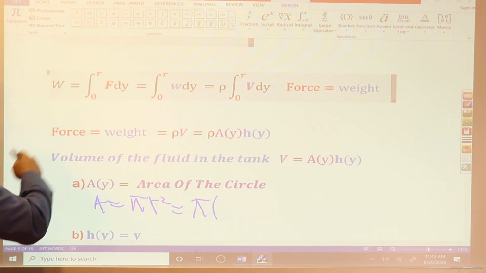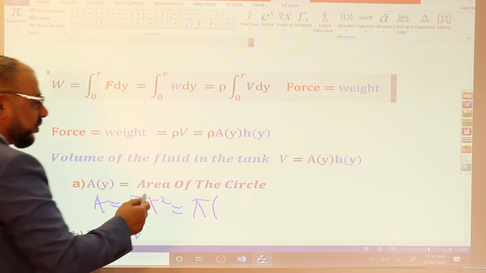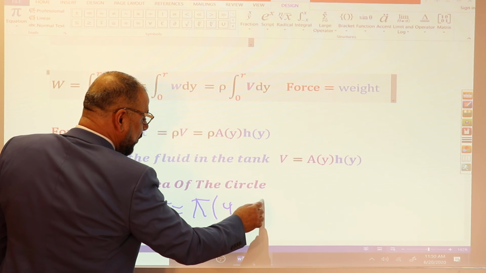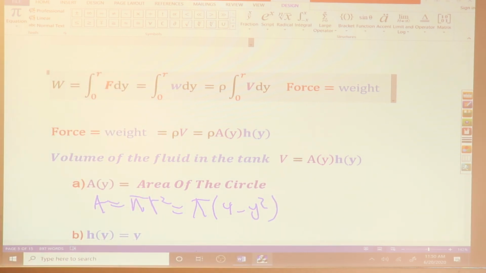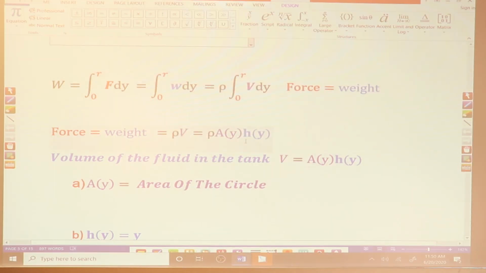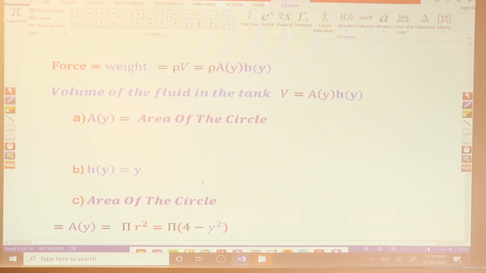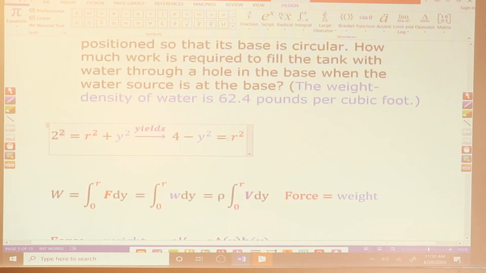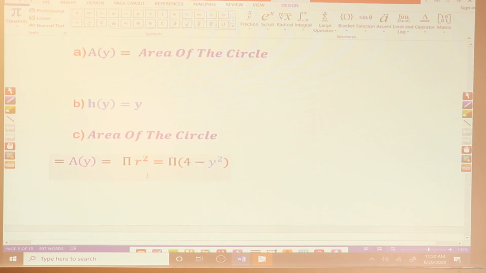From here, from the top, r squared equals 4 minus y squared. Okay. And the height is what? The height is y. Okay. Then the area equals pi r squared, and r squared equals 4 minus y squared.